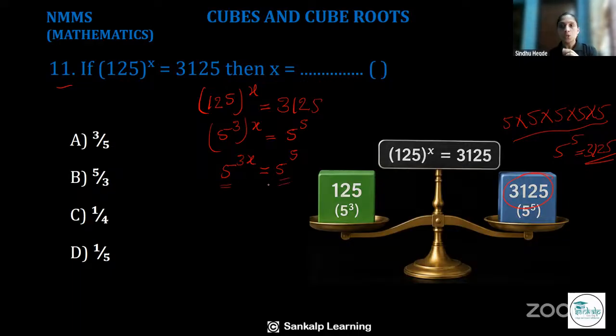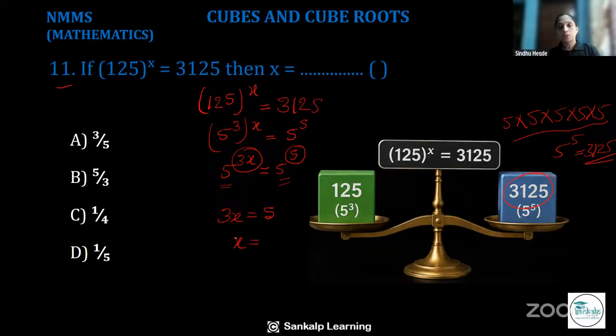The base is the same, so we can easily equate their exponents. The exponents are 3x and 5, so only compare those exponents. 3x is equal to 5. Why? Because both the LHS and RHS have the same base, that's why we can take their exponents as equal.